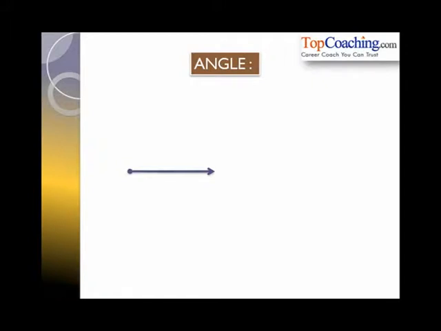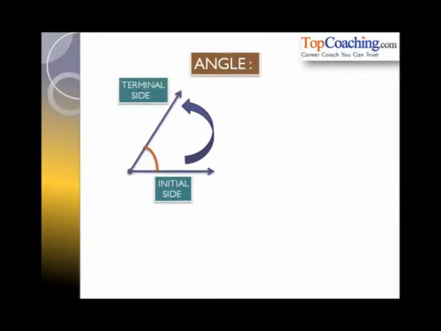Now if we keep the initial point as it is and rotate this ray this way in the anti-clockwise direction, then it would be somewhat this way, and what we get is this figure. So when we rotate a ray keeping its initial point the same, we get this sort of figure. So in this figure, this side is known as the initial side. Initially the ray had this orientation, and when it is rotated, it reaches this point and this becomes the terminal side.